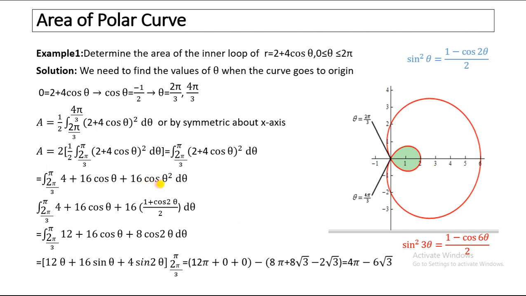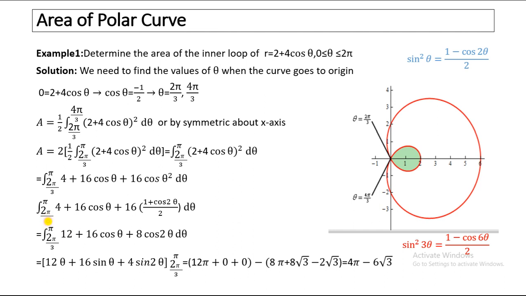I want to convert this by this law: cosine square theta equal 1 plus cosine 2 theta over 2. Convert this to 1 plus cosine 2 theta over 2.